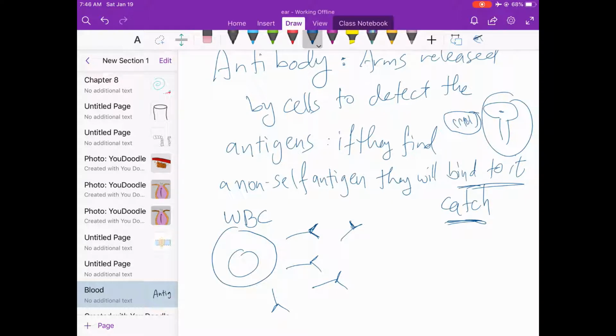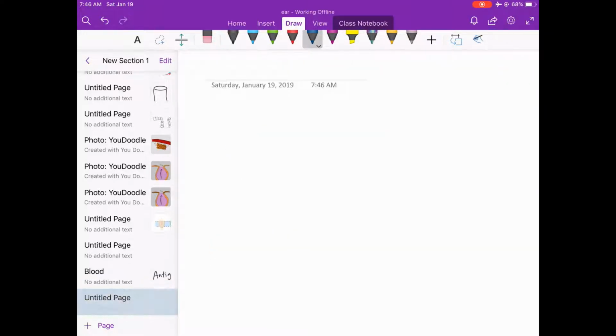Now, to understand the white blood cells, let's start a new page. To understand the white blood cells or the red blood cells types. So this is blood grouping.